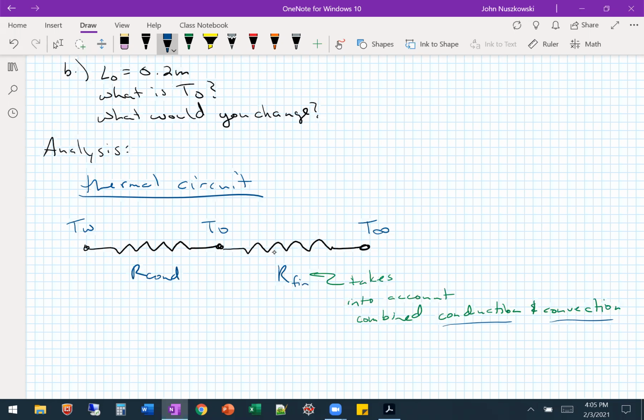Where is our heat going in this one? From the wall to the surroundings. Yep.